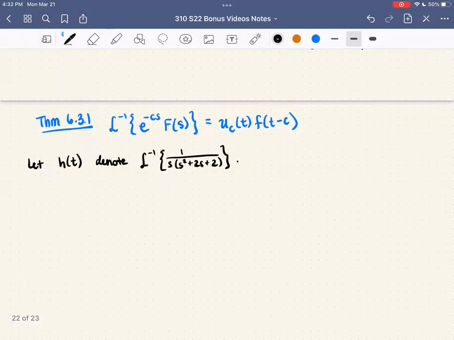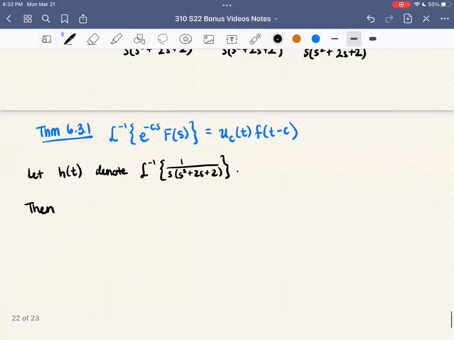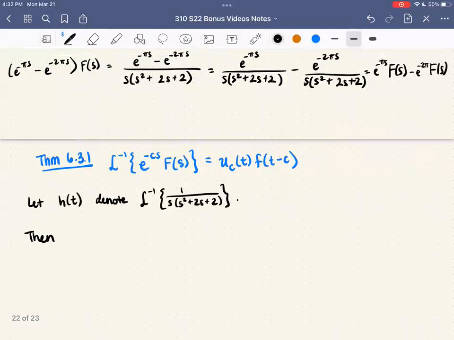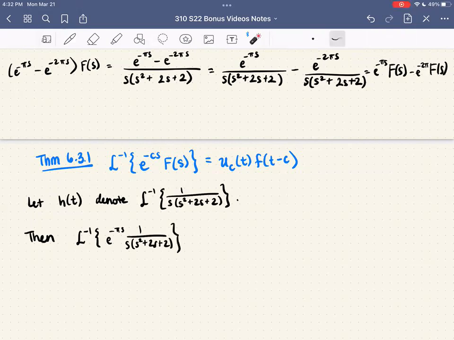Okay. Then if I want to compute the inverse Laplace transform of e to the minus pi s times that function, 1 over s times s squared plus 2s plus 2, if I go back up to my theorem here, I have e to the minus cs times some function of s.